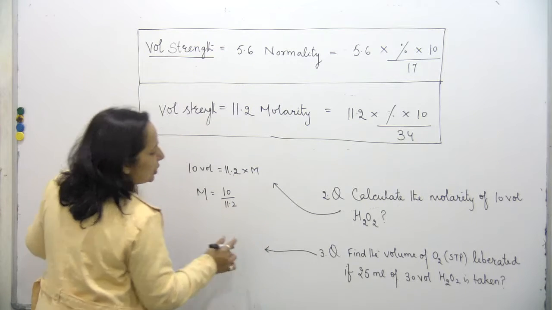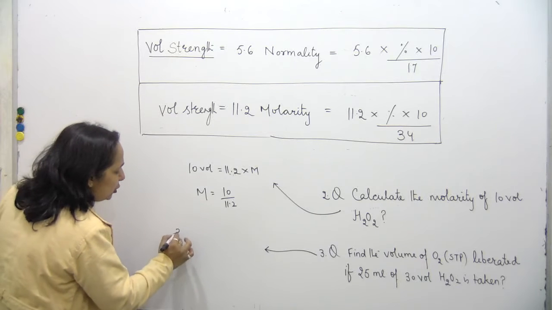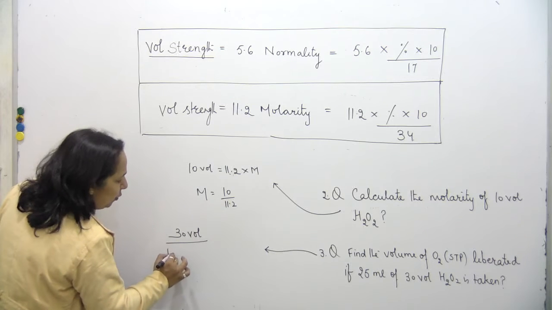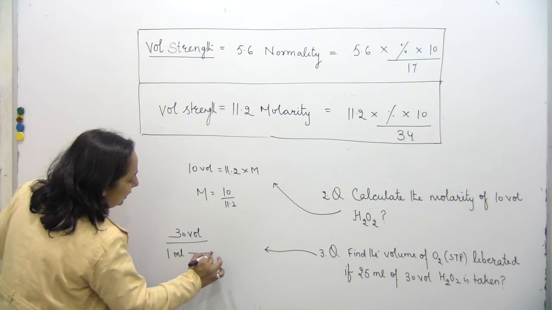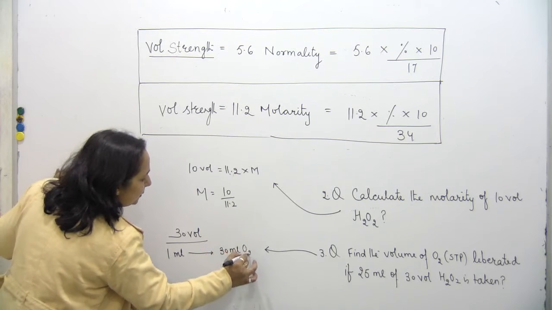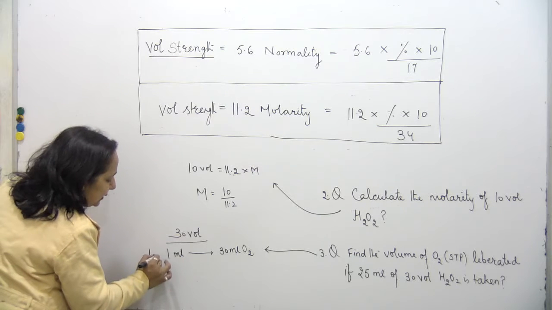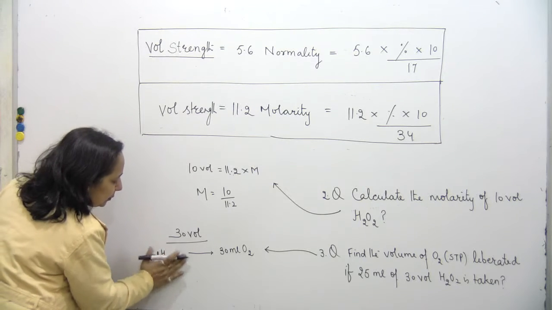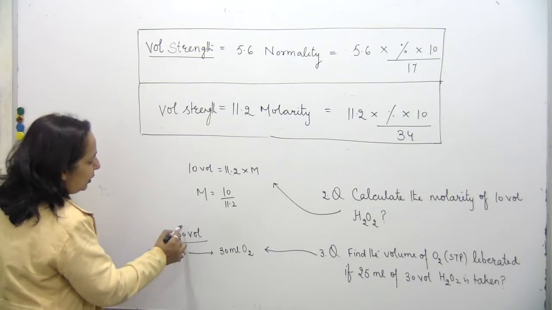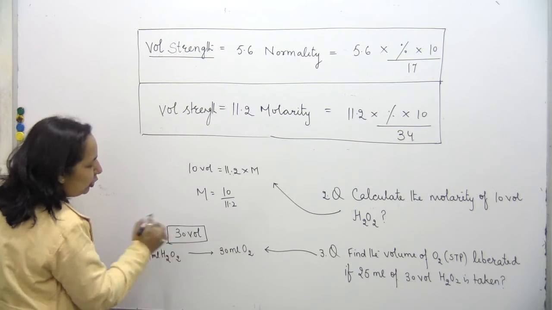Now in this third question, volume of oxygen produced. Now you must know that 30 volume means what? 30 volume means 1 milliliter of hydrogen peroxide is going to give us 30 milliliter of oxygen.